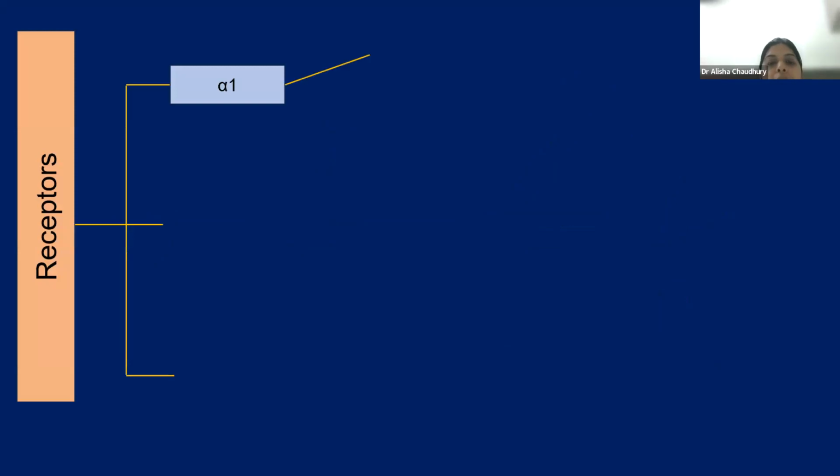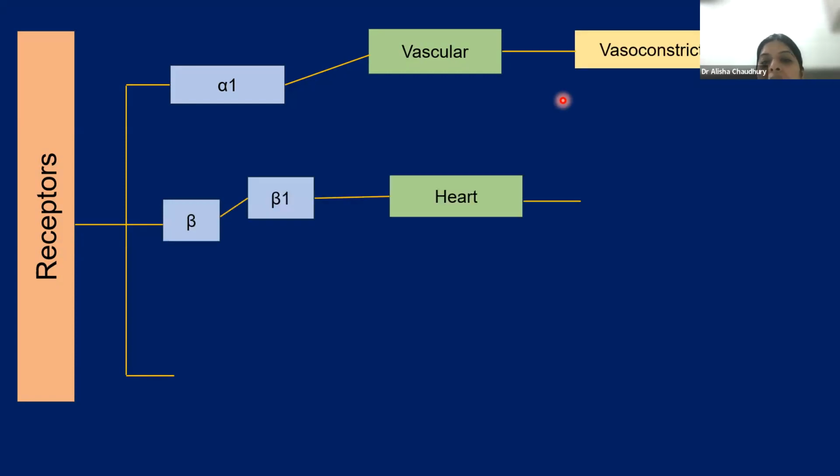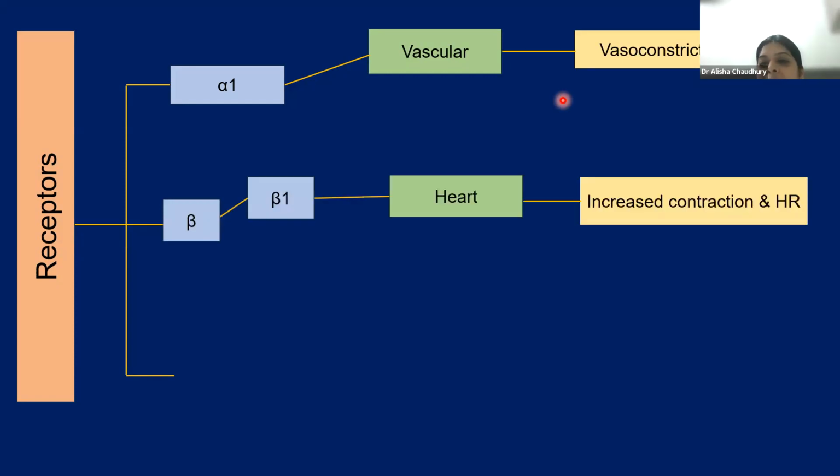So we talked about alpha-1. The alpha-1 is in the vascular endothelium and causes vasoconstriction. We talked about beta receptors. Beta-1 is in the heart, which causes increased contraction and heart rate, both inotropic and chronotropic action.